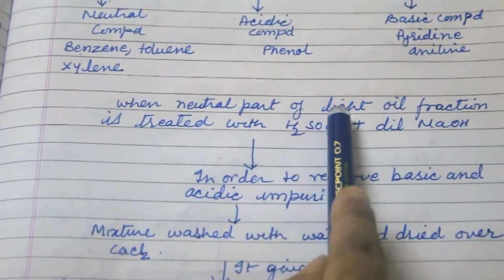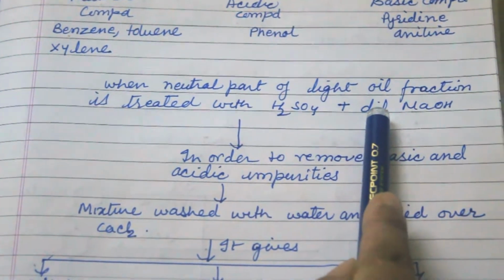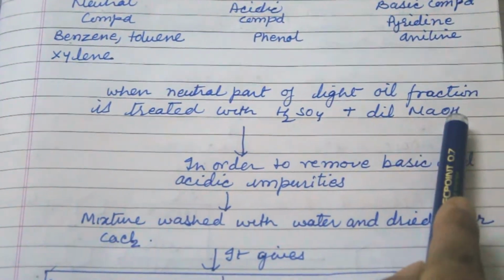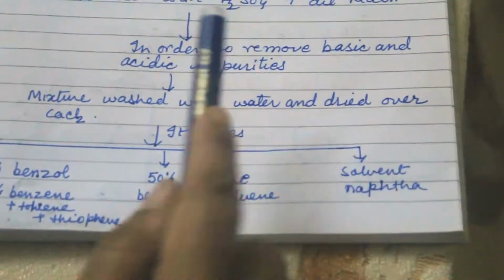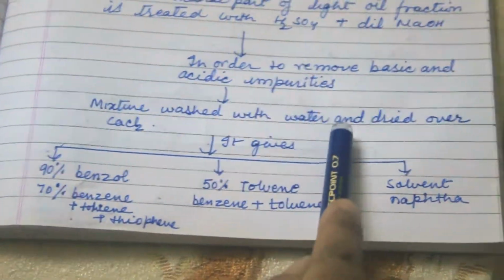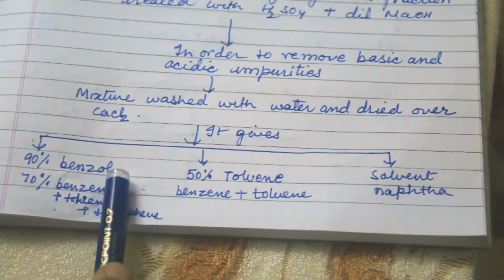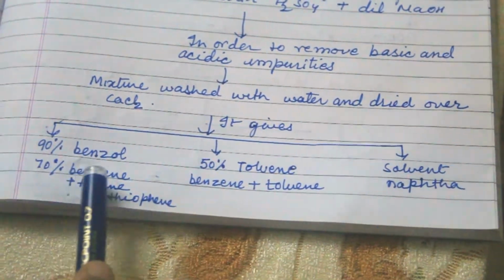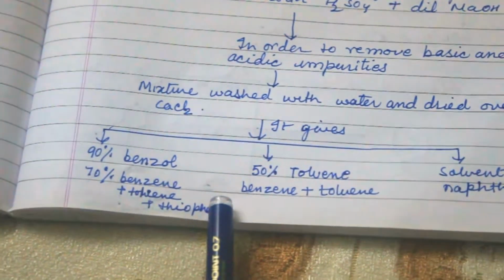When the neutral part of the light oil fraction is treated with sulfuric acid and dilute NaOH, it removes the basic and acidic impurities. After that, the mixture is washed with water and dried over calcium chloride. It gives 90% benzol, in which 70% benzene, toluene and thiophene are present.